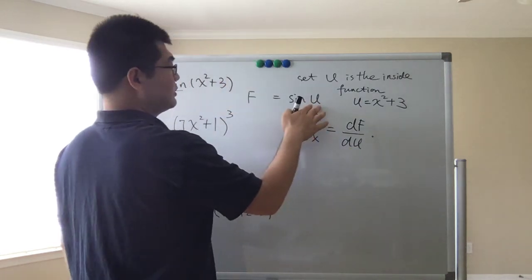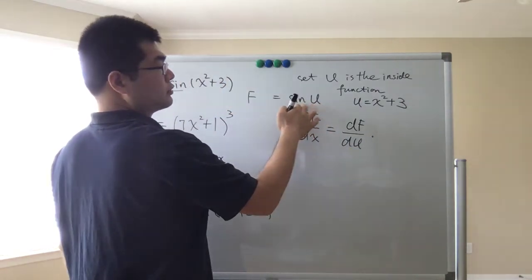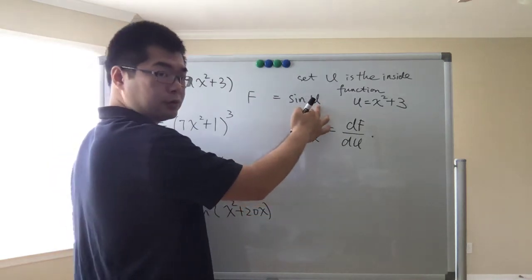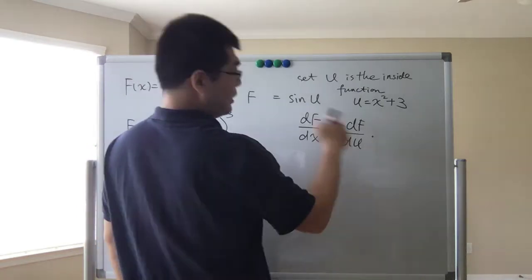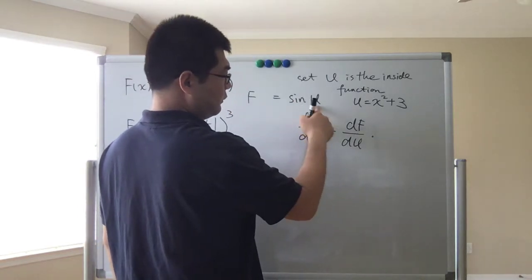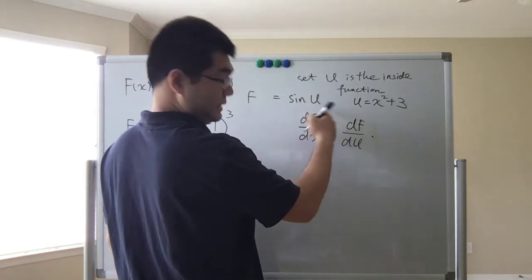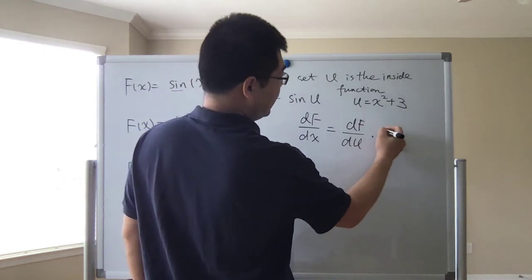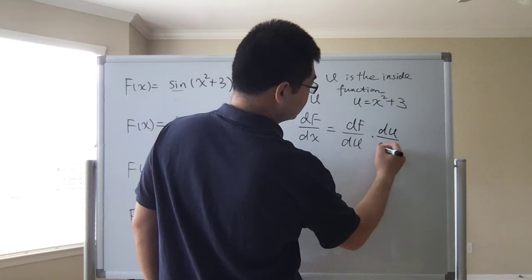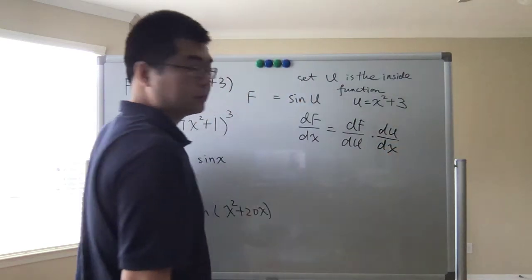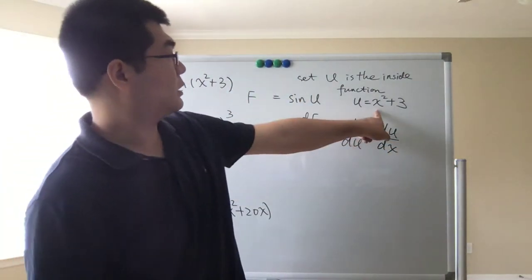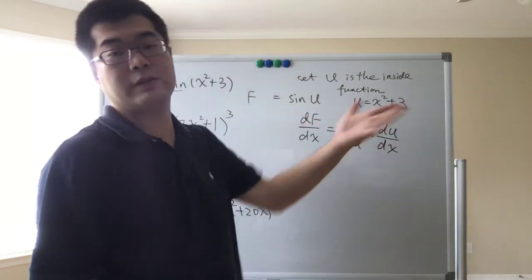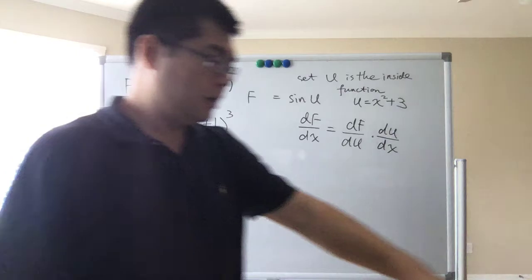Because once we substitute, capital F becomes a function with respect to u, and the derivative of this one is easy. And then I need to multiply by du/dx. And the du/dx, I'm taking the derivative of this with respect to x, which equals 2x.